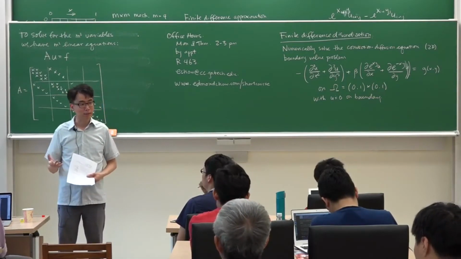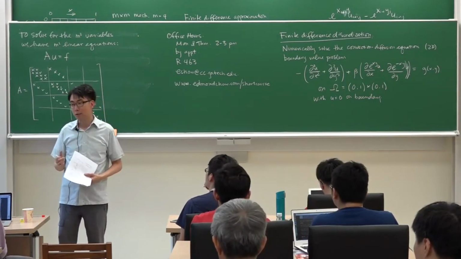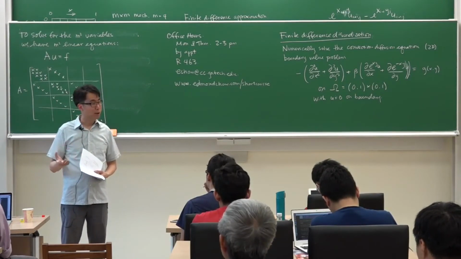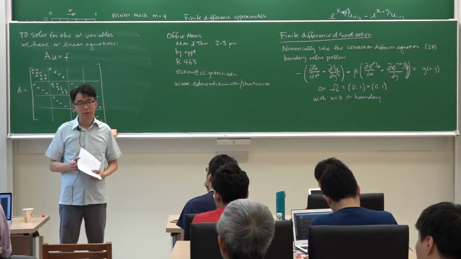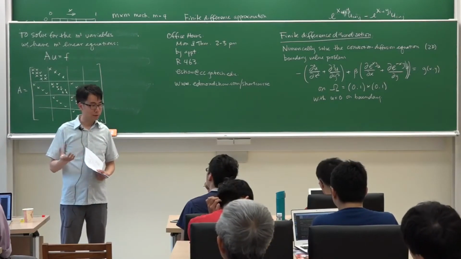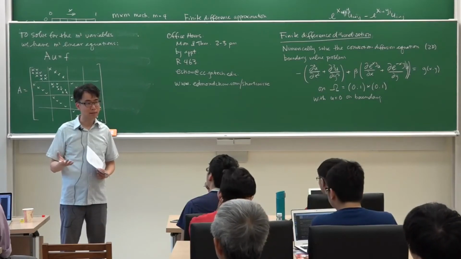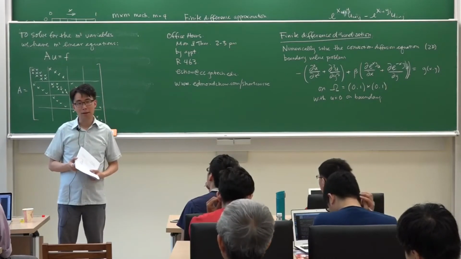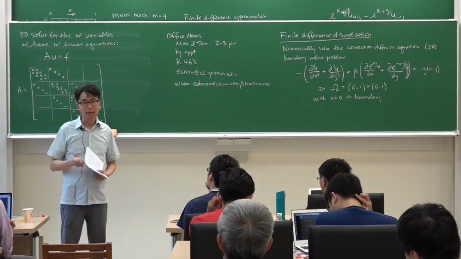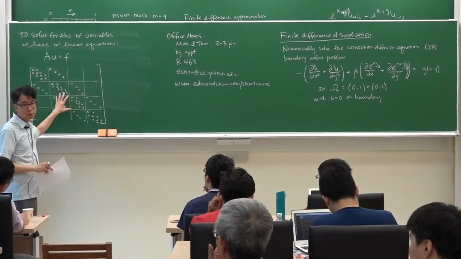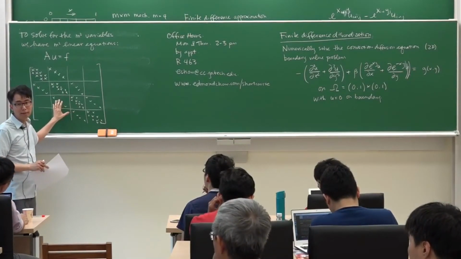What is typically used is a mesh that is irregular. And if you have a mesh that is irregular, you cannot use finite difference formulas. But there are, in general, other methods such as finite element and finite volume methods that could be used. And they will lead to matrix structures that are more complicated.